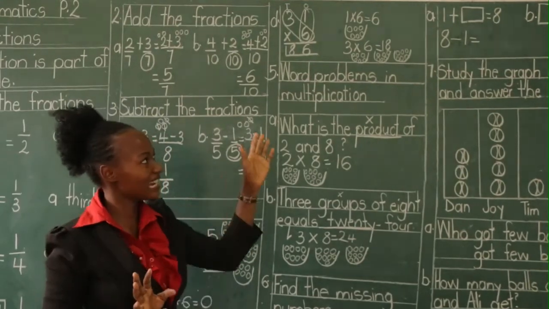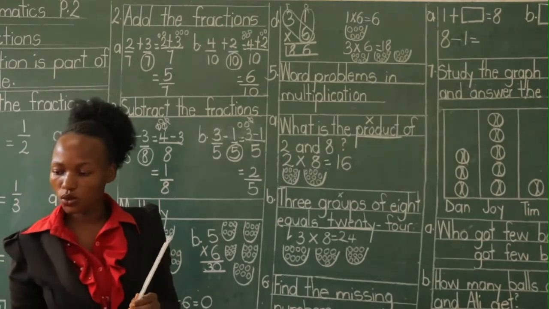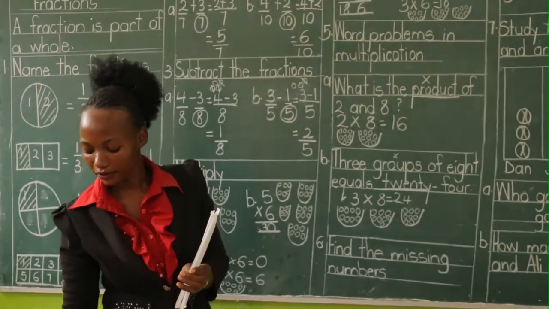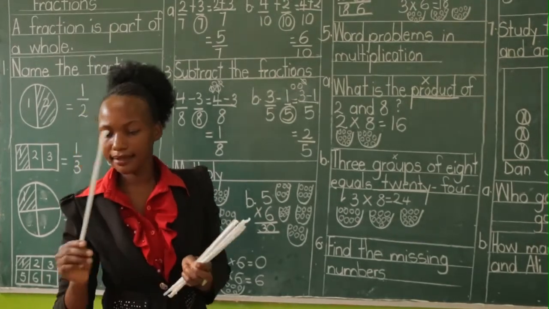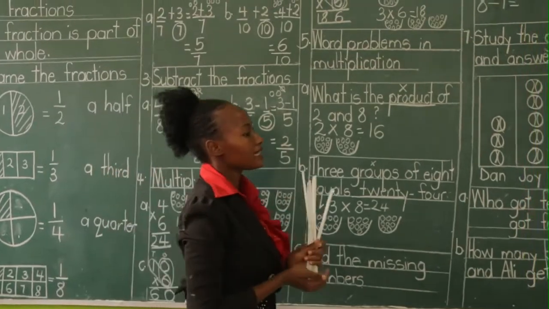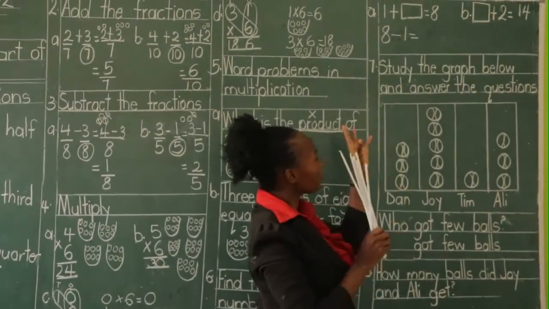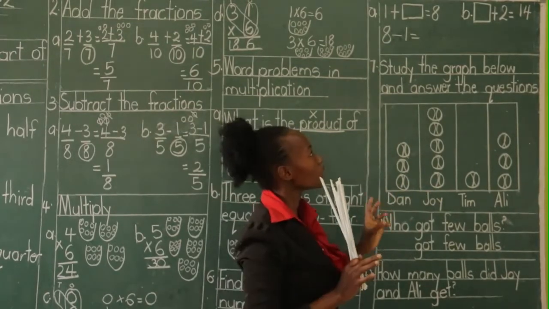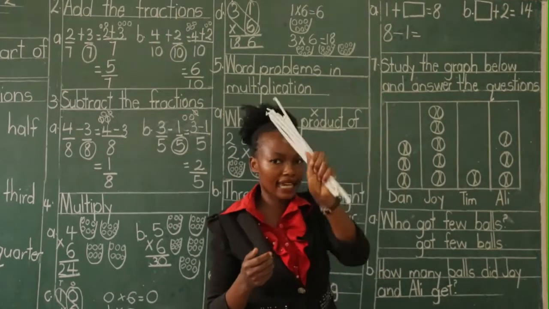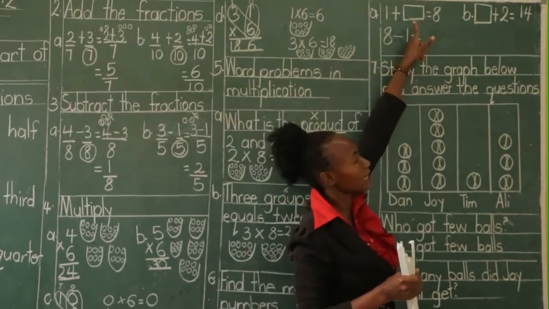Now let's just get that answer 8. We count 1, 2, 3, 4, 5, 6, 7, 8. This is our answer 8 here. Now if they've told us 1 plus the number which you don't know, the answer is going to be 8, how are you going to find it? We get this 8 and take away this 1 so that we find the missing number.